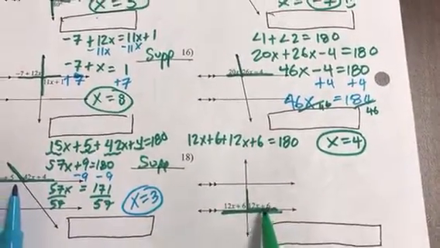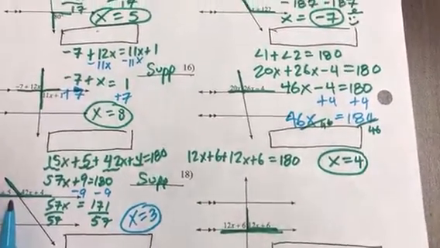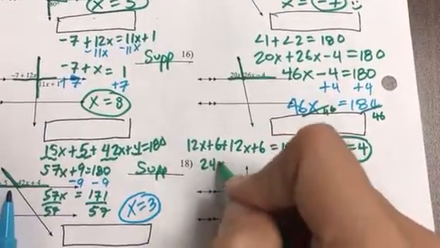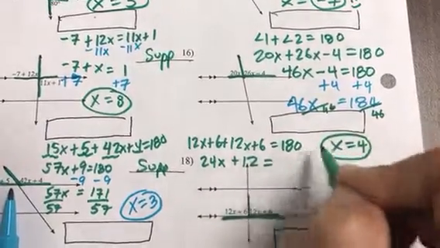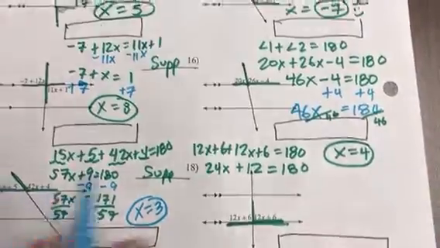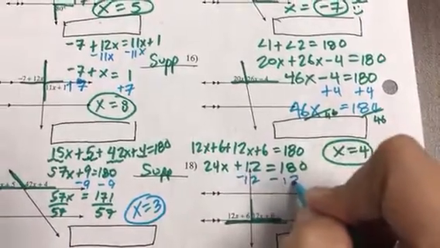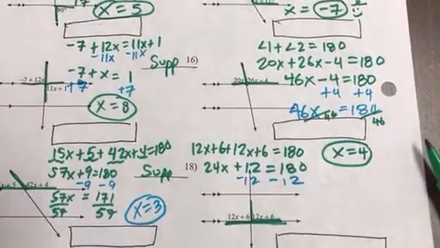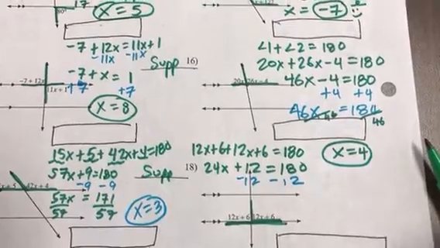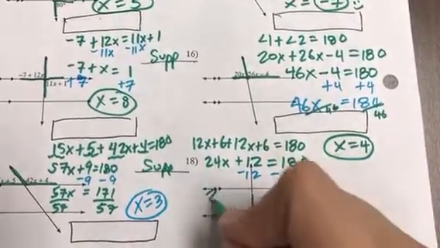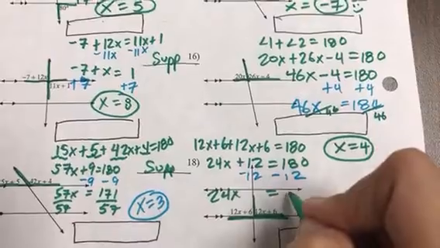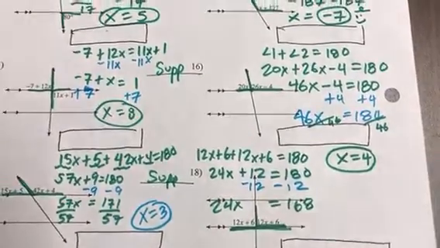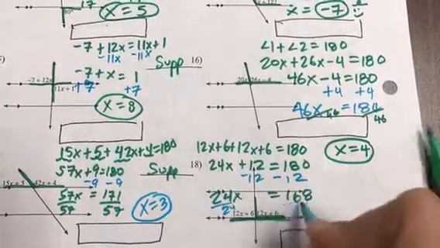This has to equal that. Let's go ahead and add them up to 180. So I get 24x combining and 12, subtracting 12 on both sides. Dividing 24 on both sides.